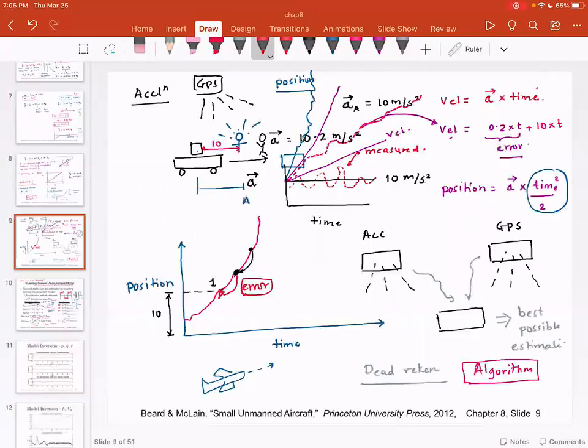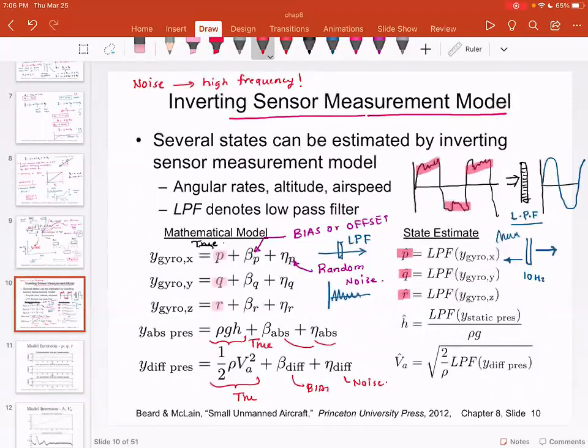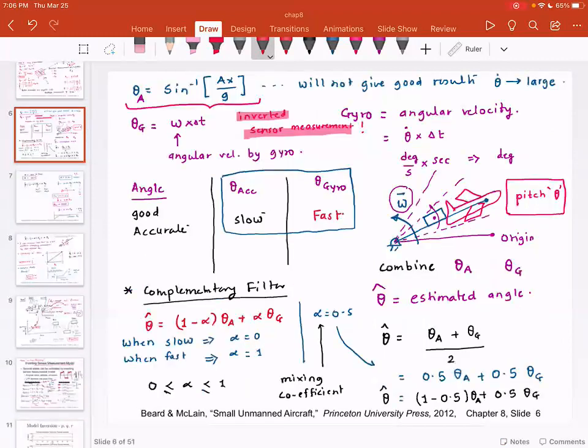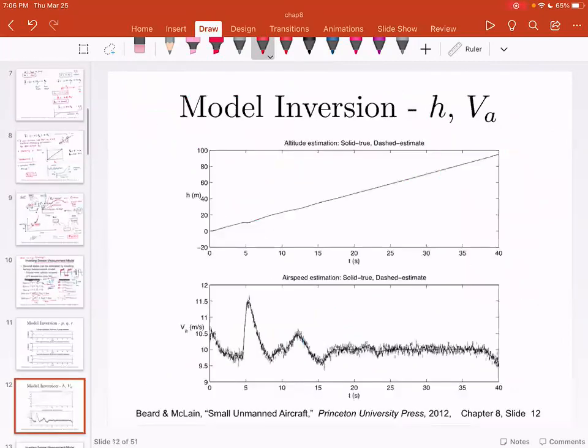If you have an aircraft, this complementary filter argument that we talked about may work to find out the pitch and the roll, but not yaw, because there is no component of gravity in the yaw direction. So you can estimate pitch and roll using complementary filter or model inversion. You cannot do that with yaw.